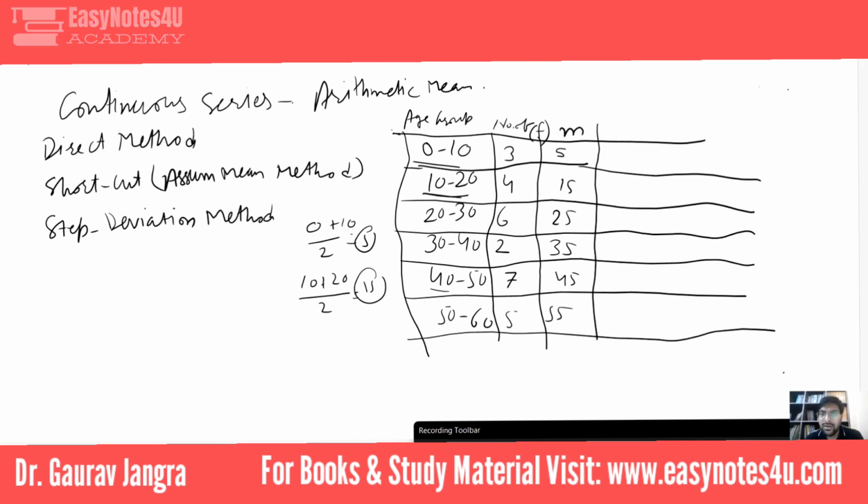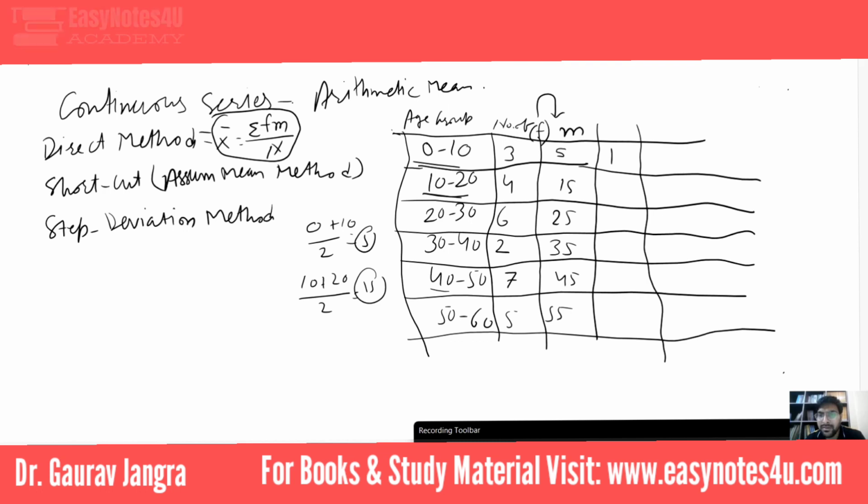Okay, so now multiply. The formula for the direct method is summation fm divided by n. This is the formula to calculate the arithmetic mean through the direct method in the continuous series. Firstly we have to multiply f and m, frequency multiplied by the midpoint.